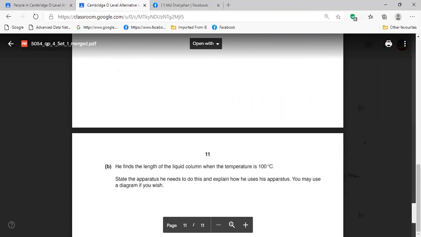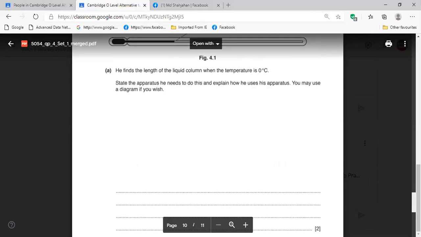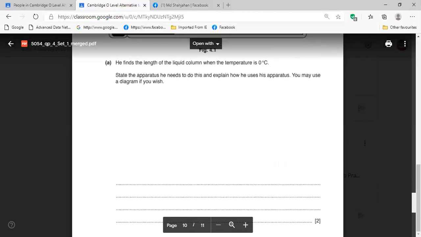Look here. We have the question with 2 marks. So for 2 marks, what you have to do? That is the main point. If you don't draw the diagram, you can also get 2 marks. They are saying you may use. In some places, they will say draw a diagram. That time you have to draw.